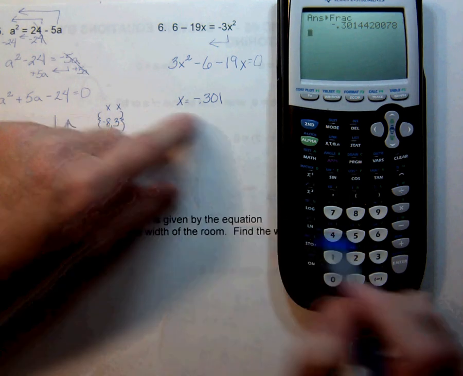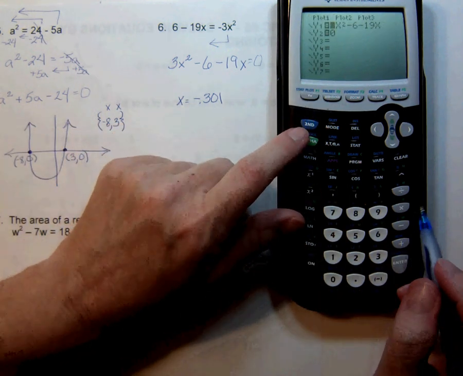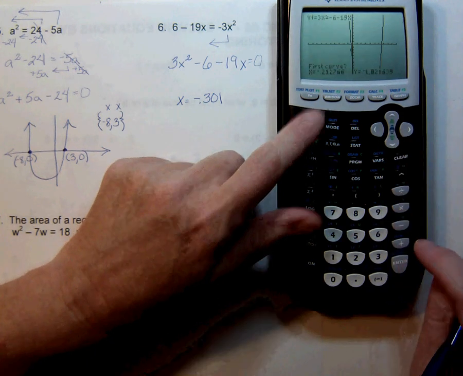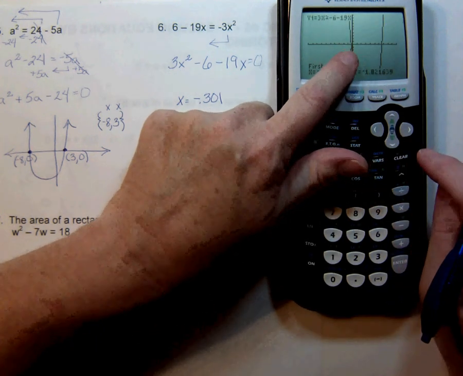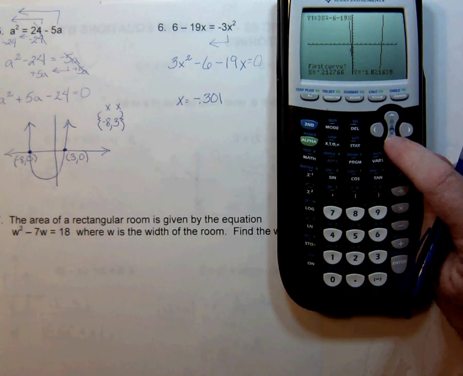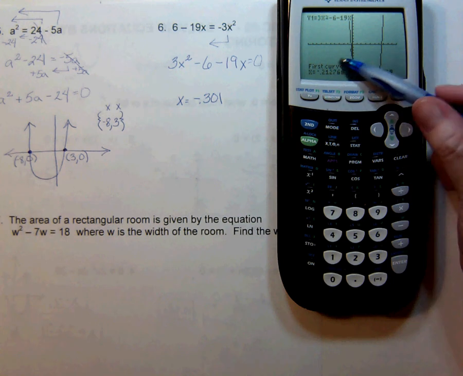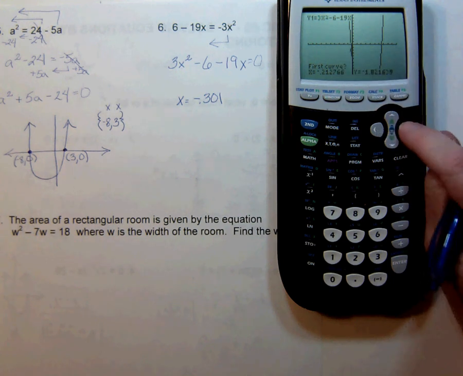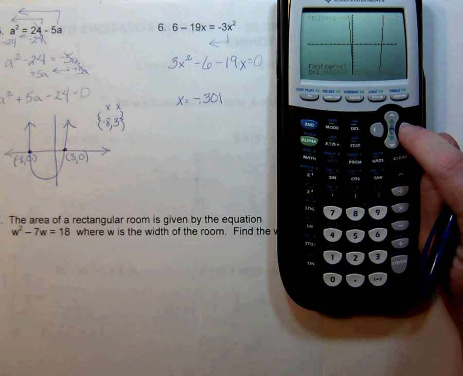So that's one of your x's. For the next one, we'll hit second calc again, intersect. This time we'll find the other one if you leave the cursor over here. Don't push the up-down movement, or you'll find your cursor off of the parabola. You move it using the left and right. So it looks like it's around about 7.